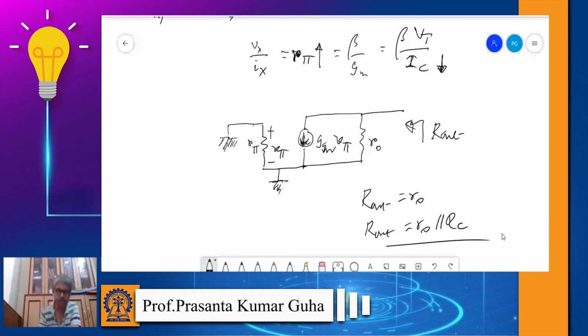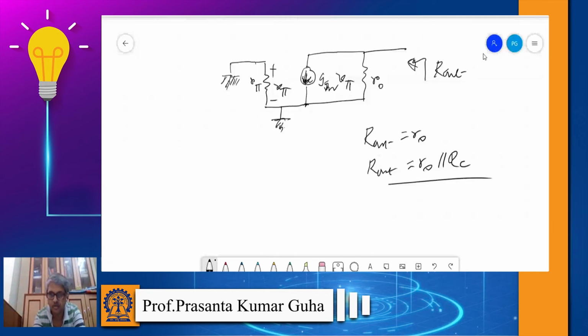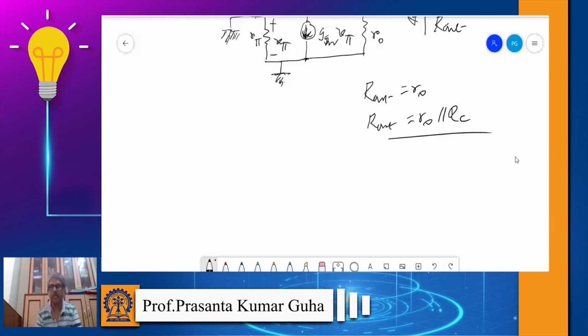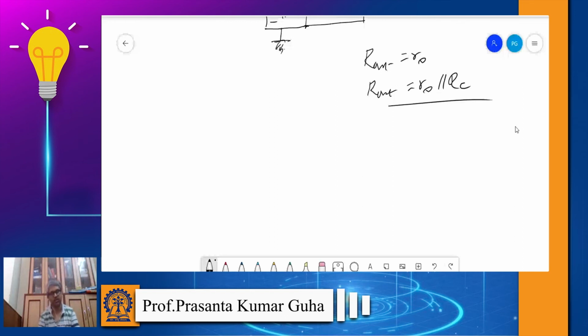Now what about the input impedance if we look from the emitter side? There might be a situation where you need to look at the input impedance from the emitter side. I'm just ignoring RC for the time being. So this is my Vin, this is VCC.